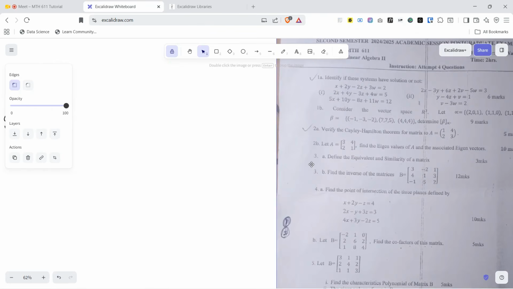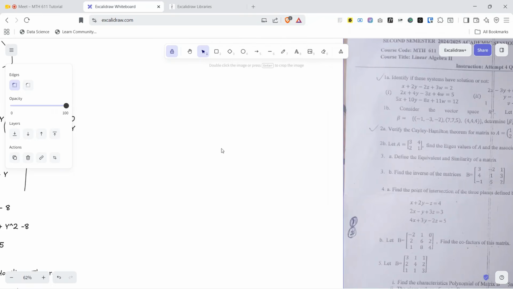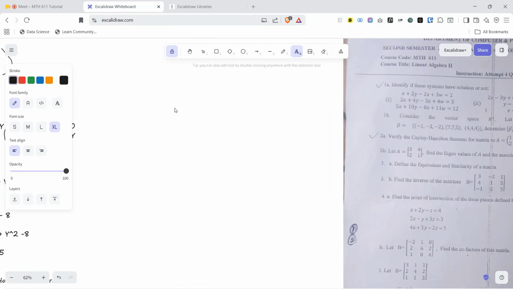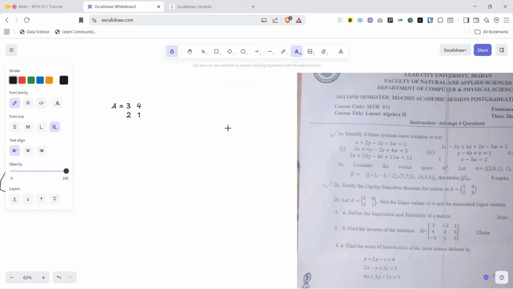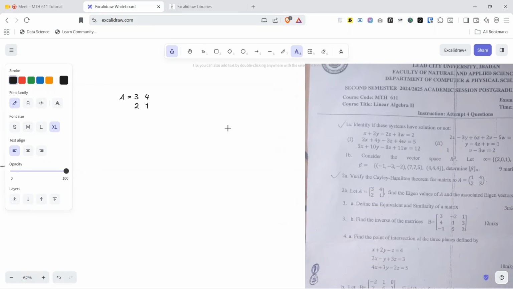So 2b says, let A equals to 3, 4, 2, 1. Just permit me to write it like this. I think it's stressing me trying to put all those things in it. So it says let A equals to this.